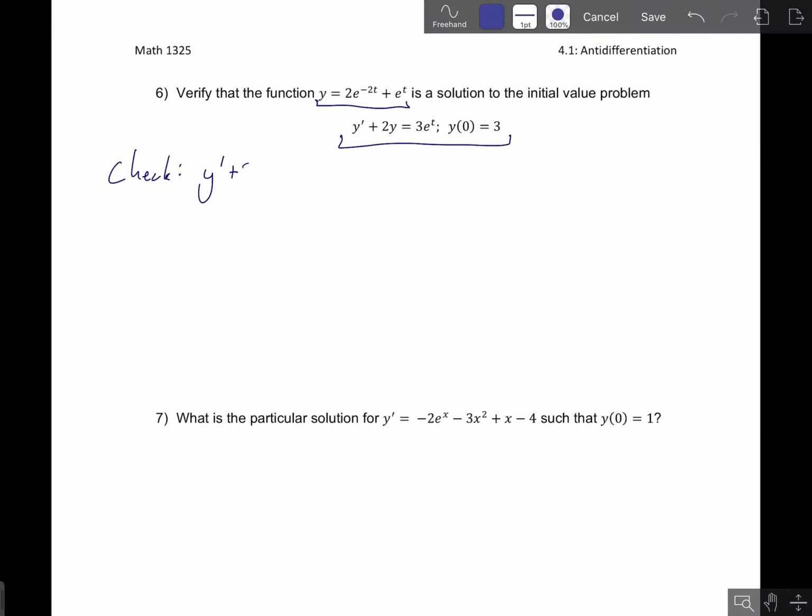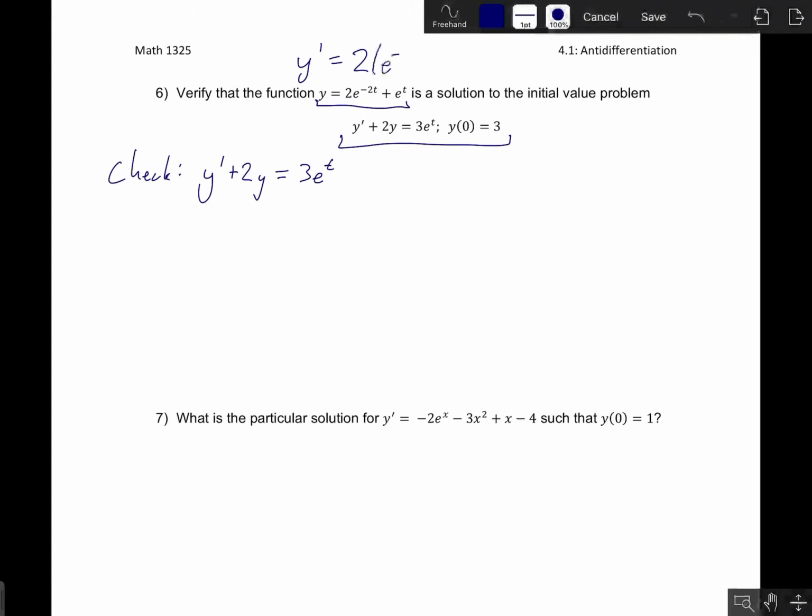First, I'm going to check that y prime plus 2y is equal to 3e to the t. So we want to see if the function that they gave us does solve this equation. Let's come up here and compute y prime just for convenience. If y is given by this line below, then y prime would be, well, the 2 is going to stick around as we take the derivative.